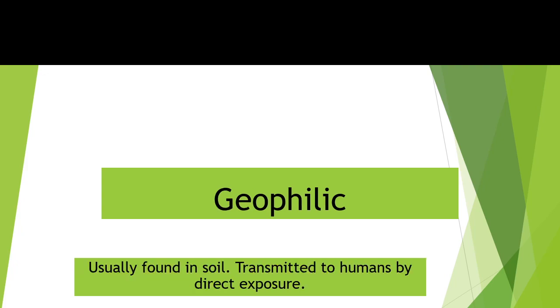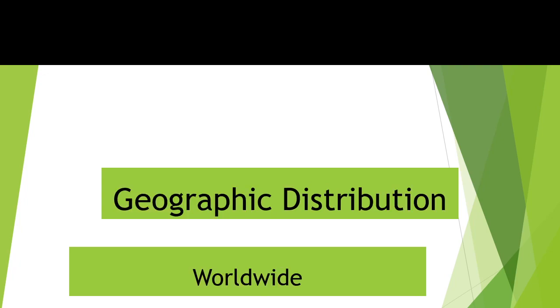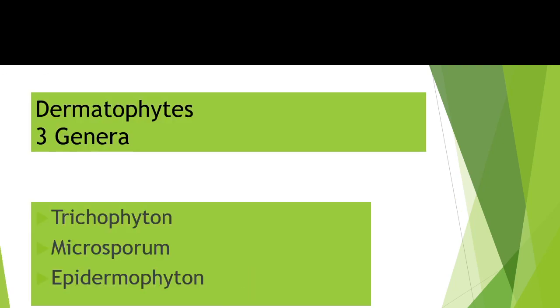Geophilic usually comes from the soil. You contaminate your hand or leg with soil and you get direct development of a lesion, which is very common. Geographic distribution is a worldwide problem.